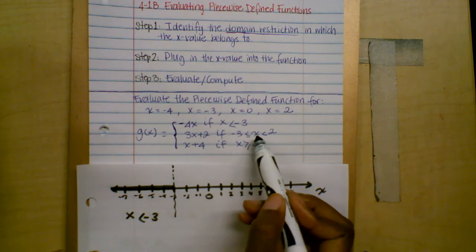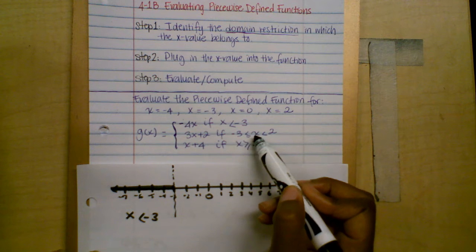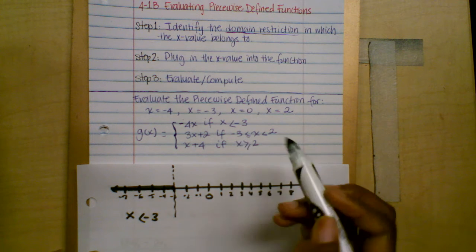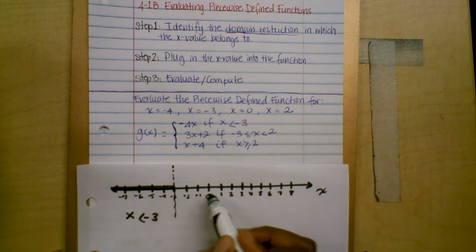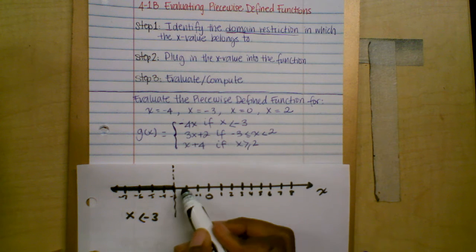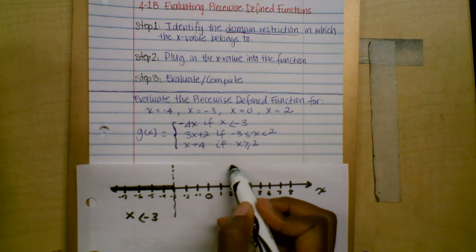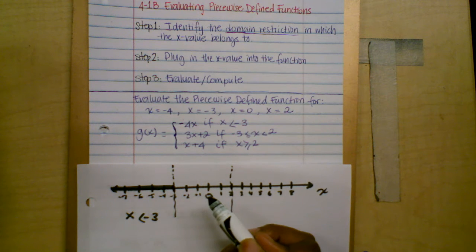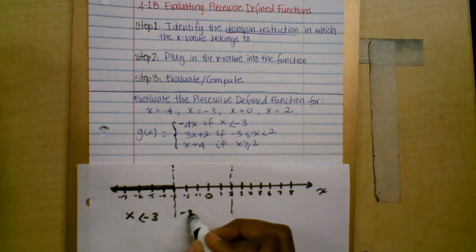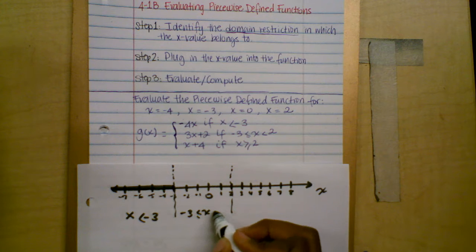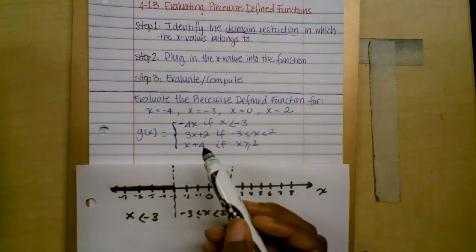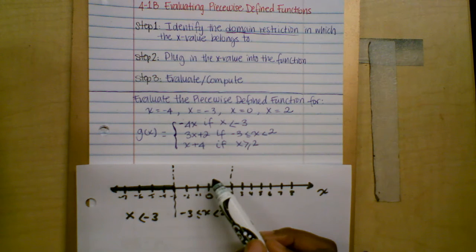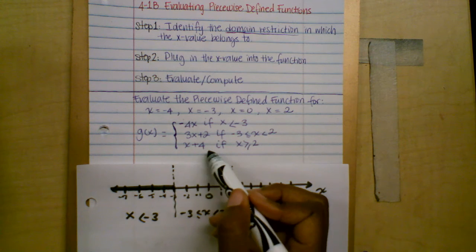Now for the next function to exist, the x value needs to be between -3 and positive 2. Whatever x values on the x-axis are between -3 and positive 2, let me show you, right here. This represents the second domain restriction. 3x plus 2 can only be graphed in this region on the x-axis. Now the last one is x plus 4.